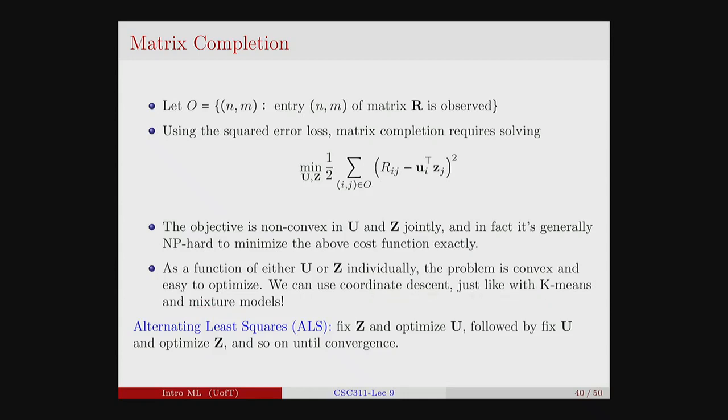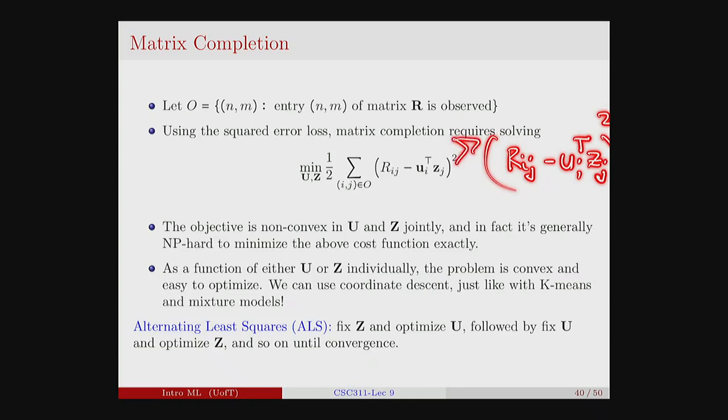Because if you squint at this objective, and you fix the values of z_j at any given iteration, and you look at what this objective is actually doing, it's saying, I have some R_ij, I need to find some u_i transpose, and I have some z_j that's available to me, minimize the squared norm over a list of entries.